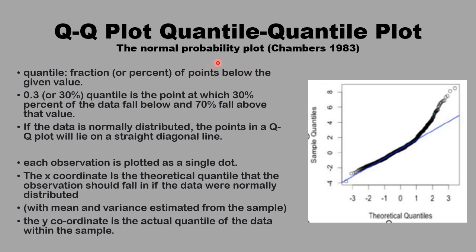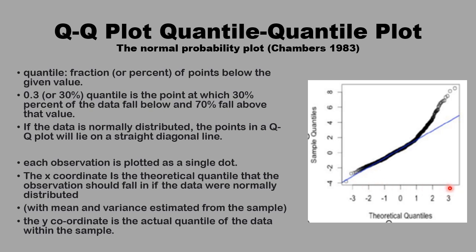Now, the normal probability plot is a variant of the QQ plot in which we use the set of experimental data on the y-axis, and on the x-axis we use a theoretical set of data. If the set of values that we have are really very well normally distributed, they should have these theoretical values.